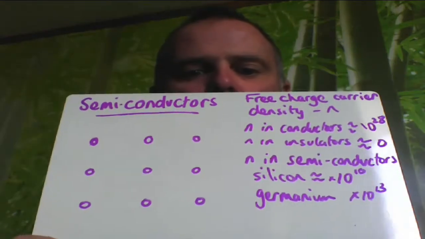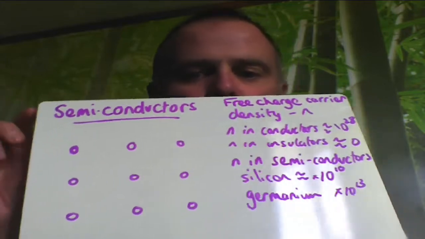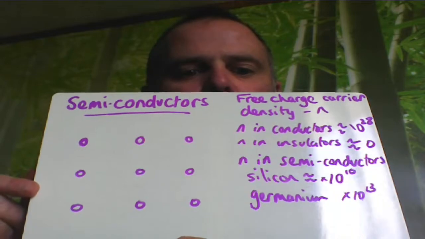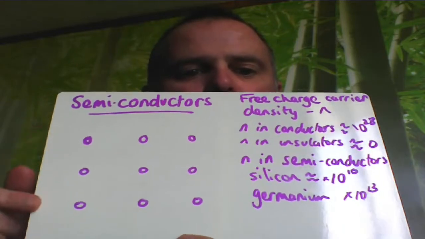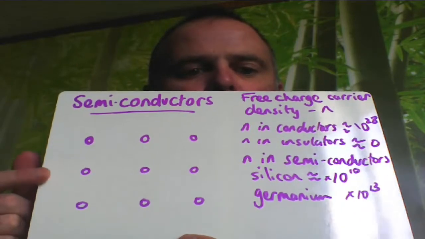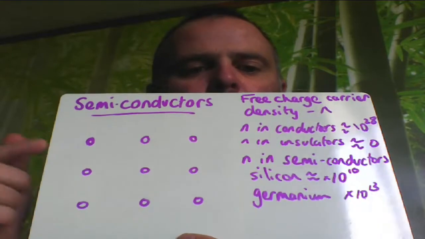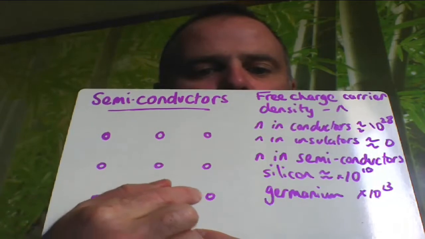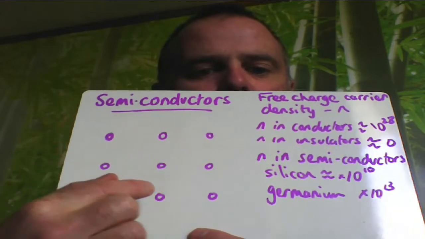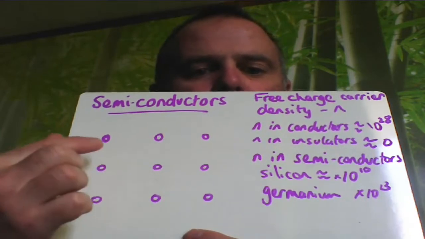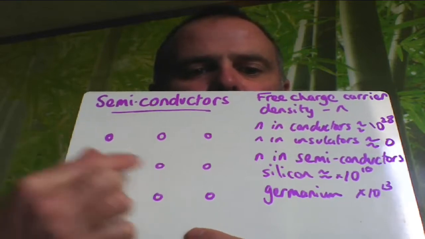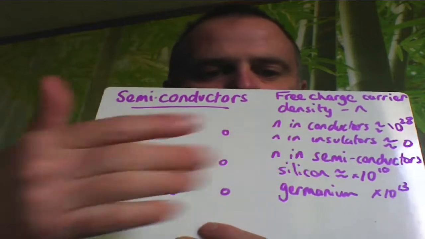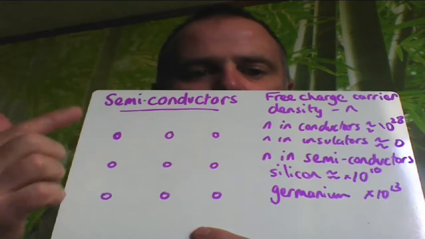why are semiconductors interesting? We can use them for lots of different things, but we need to think about the structure of the semiconductor. Now, remember the structure of a metal conductor. We have lots of free charge carriers in the metal conductor, in between the lattice of metal ions or metal atoms. These free electrons are free to move around in the metal and hence carry current as they flow through the metal in between the metal atoms.